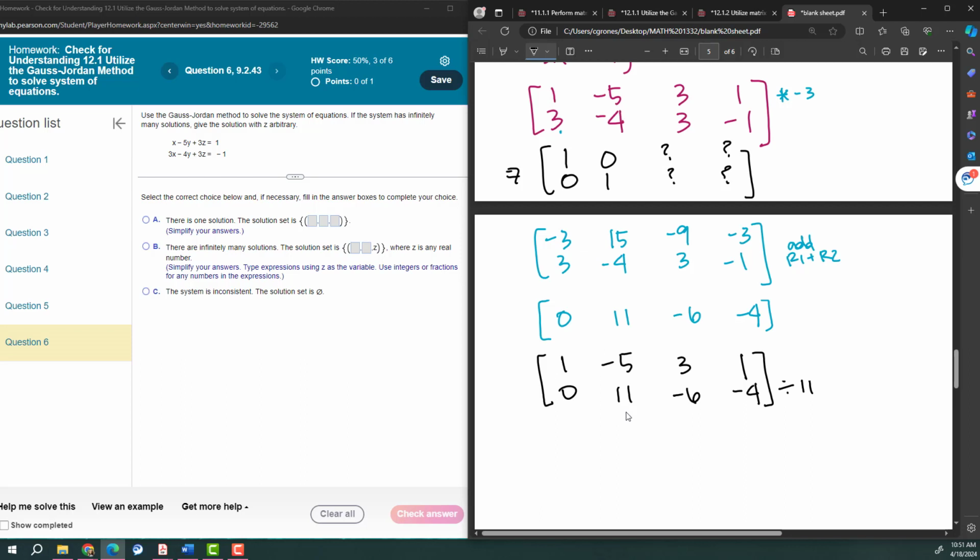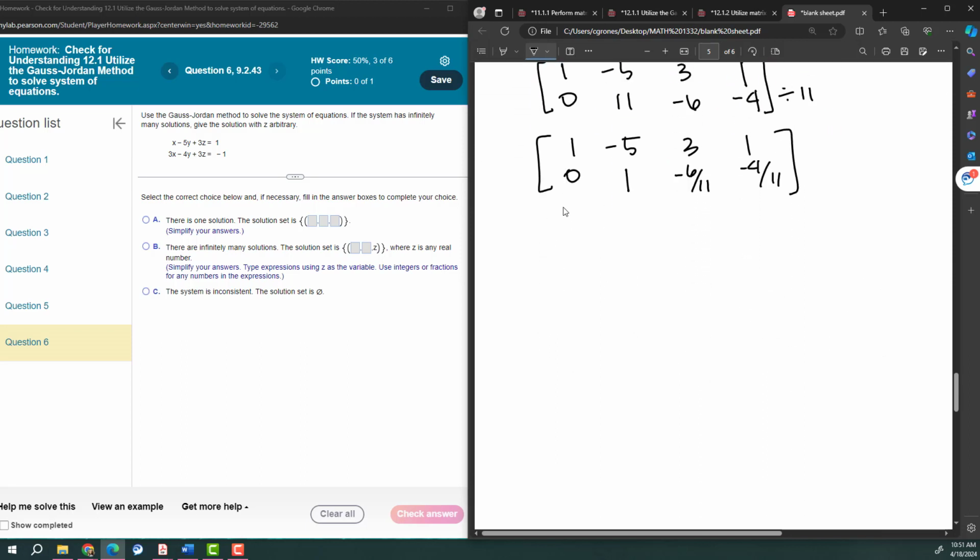That will give us the 1 right here. So I've got 1, -5, 3, 1, and then we've got 0. 11 divided by 11 is 1, and then I've got -6 over 11, -4 over 11. Okay, I can now multiply this by 5 to cancel out our -5 on top.